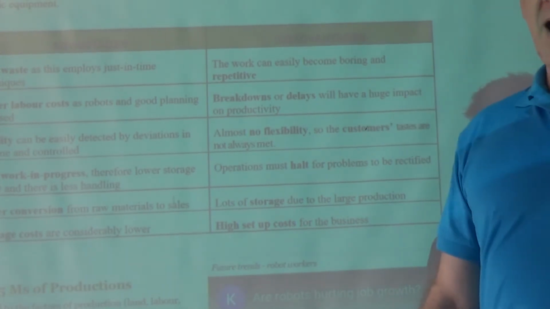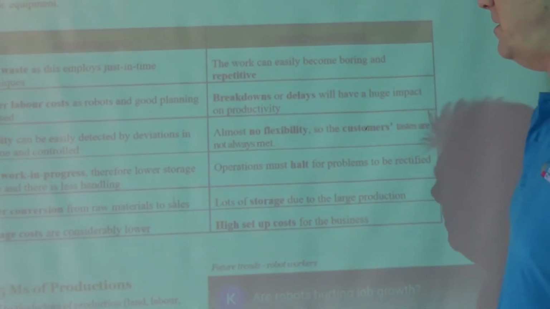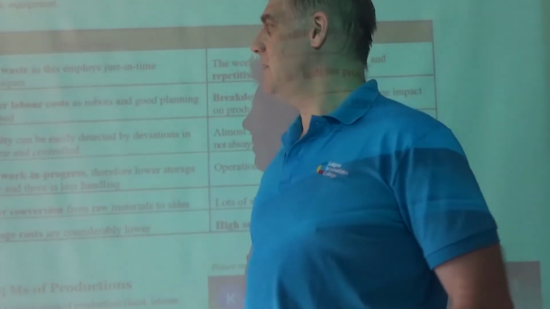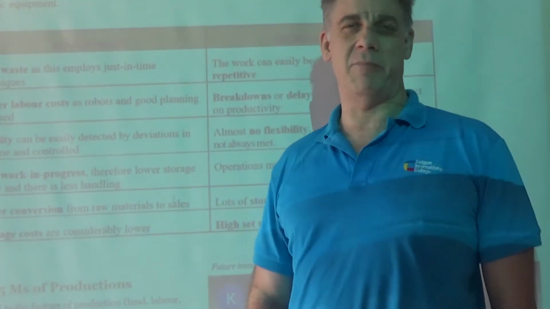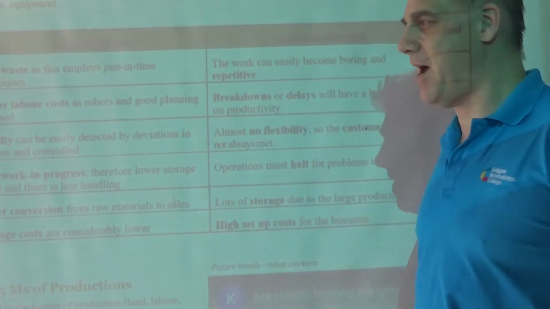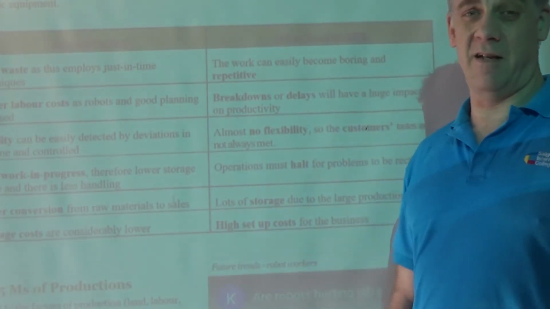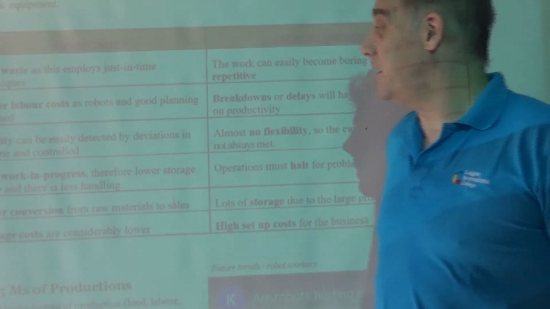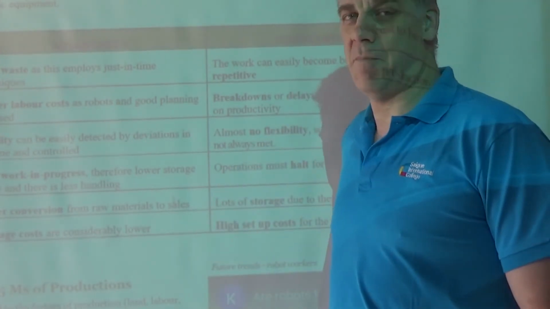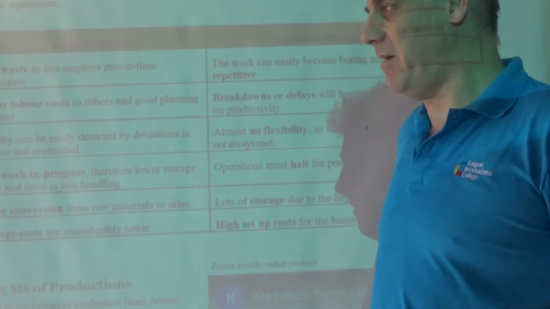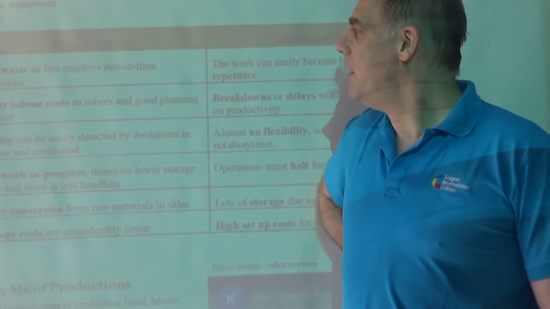Advantages of this massive production system: less waste, because typically these systems are set up to have inventory that arrives just as it's necessary, managed to be there perfectly, just enough to make what we need.